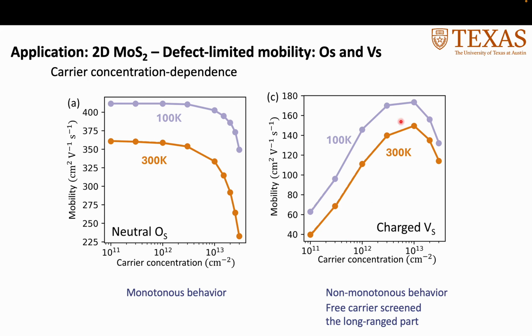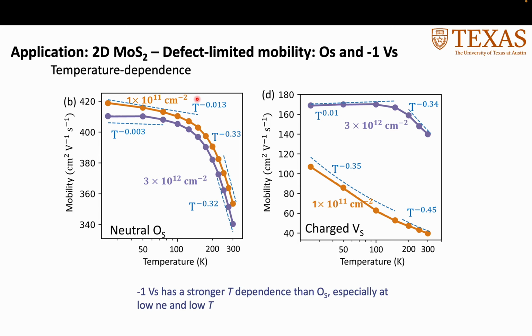So in this region, the mobility is increasing. But in this region, due to the effective mass change, the mobility will decrease. The same reason applies to this range.